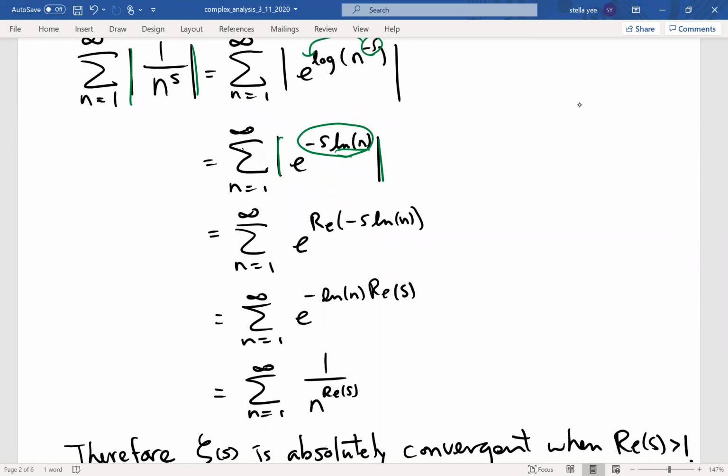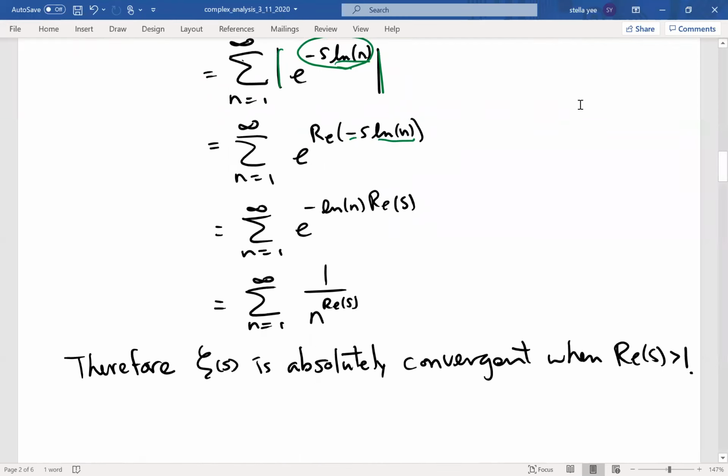And note that natural log of n, this thing is already real. And the negative part is multiplying by -1, which is a real number. So I could pull that outside of the real part. And I could rewrite it as e to the negative natural log of n times real part of s.